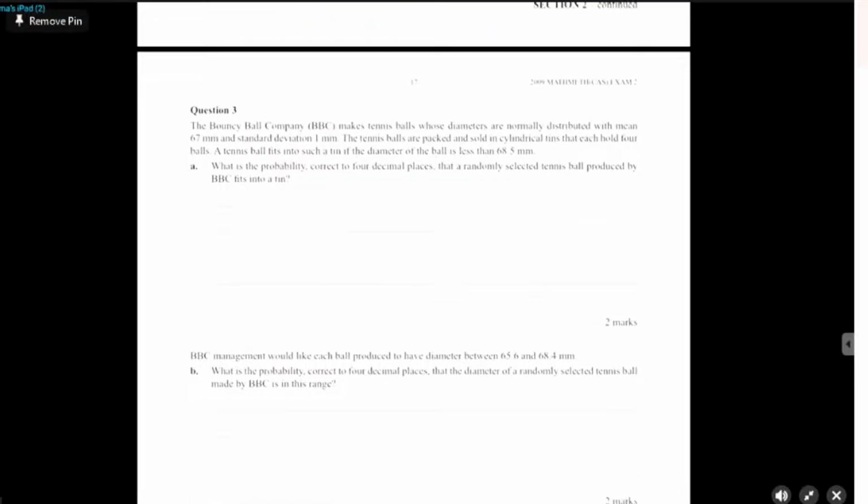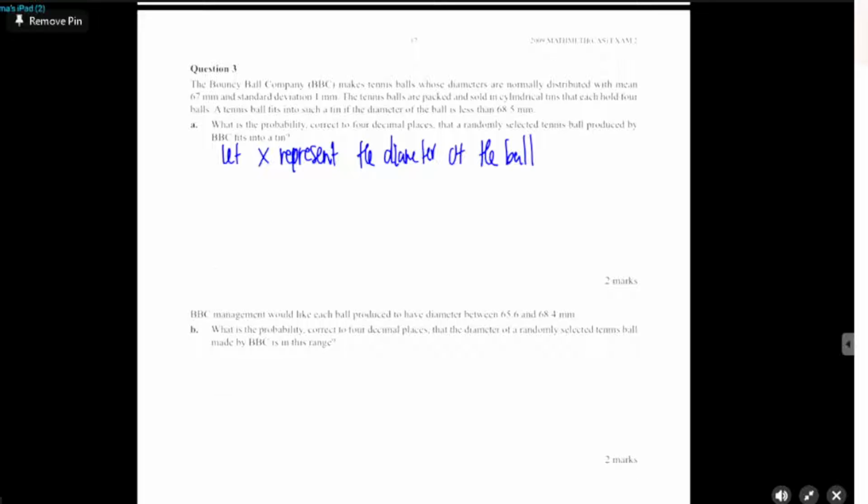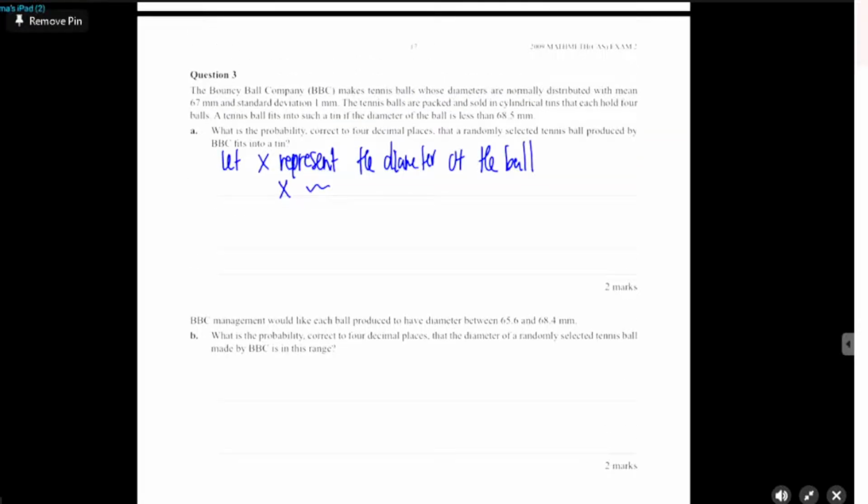And then question 3, this is probability. So I'm going to define a variable such as x. This variable will represent the diameter of the ball. And then you're using normal distribution because it says the graph is distributed normally.